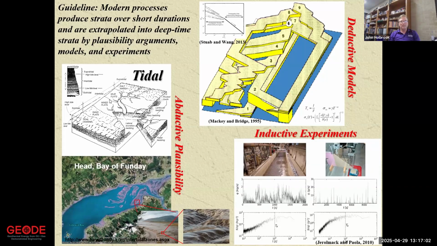If I'm preserving a set of cross-sets on the face of a delta, there's no time difference between a set of cross-sets in the modern and the one I preserved in the Cambrian. It's not like when I look in deep time, processes slow down. They don't.